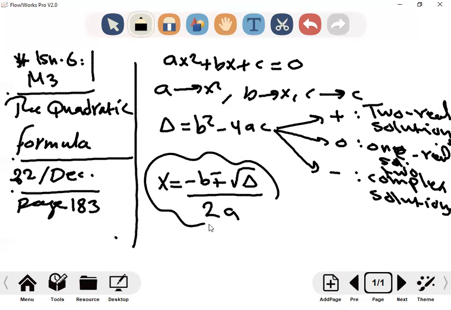And here, if delta is not 0, then you have a number here, not 0, right? In place of delta. So here you'll have a plus way and a minus way, two-sided answers. So you have x1 and x2. We talked about that, but I just want to remind you each day about these ideas so you won't forget about it.